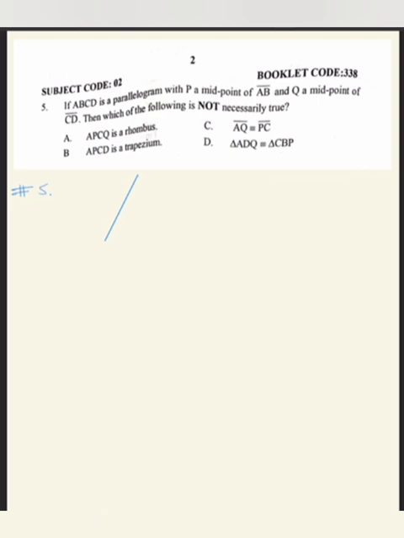So assume this is the given parallelogram. A B C D is the given parallelogram, P is the midpoint of AB, and Q is the midpoint of CD. Since ABCD is a parallelogram, we know AB and CD are equal, so if P and Q are midpoints, AP and PB are the same.